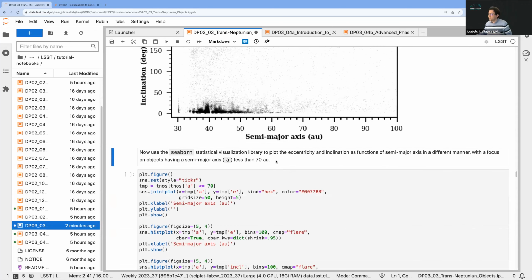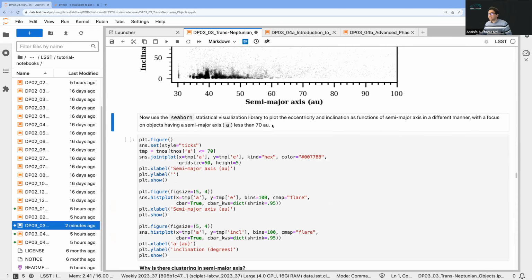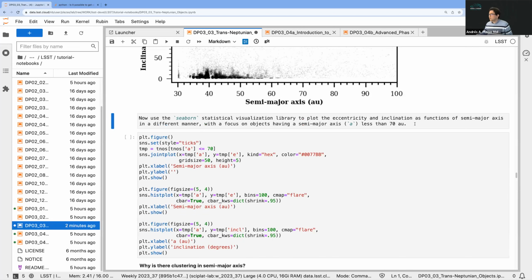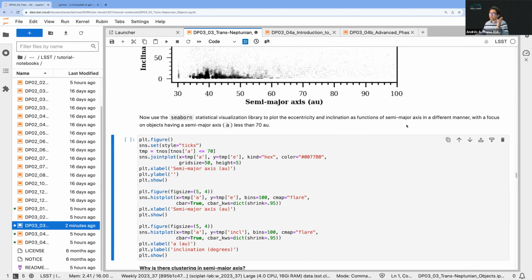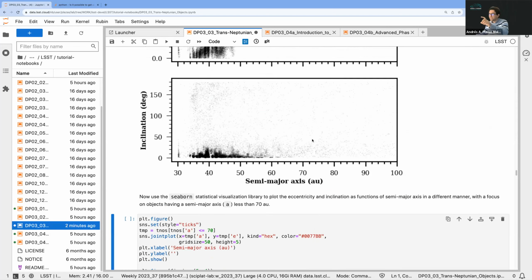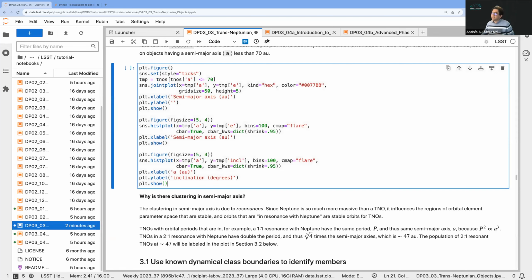At this point, I also wanted to showcase a different way of plotting these quantities. What we're going to do in the rest of this first section is plot the same thing in different ways. It gives us maybe more insight into what we're looking at.